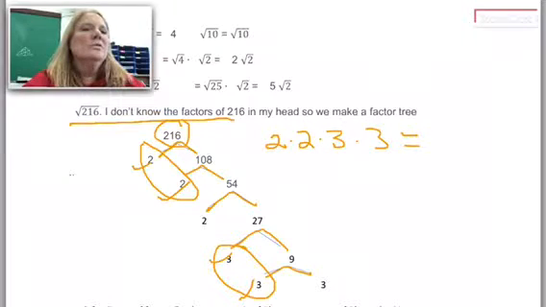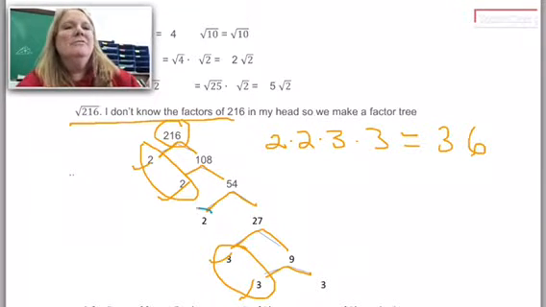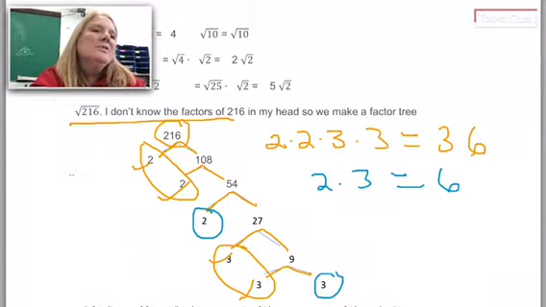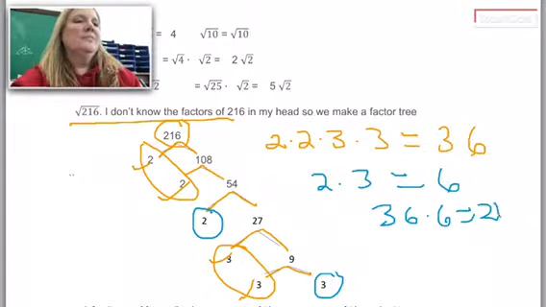And that's 2 times 2 is 4, 12, 36. Okay, and then take what's left. I have another 2 and another 3, and I multiply those together, 2 times 3, and that's 6. So what we've done is now we can say that 36 times 6 is 216.